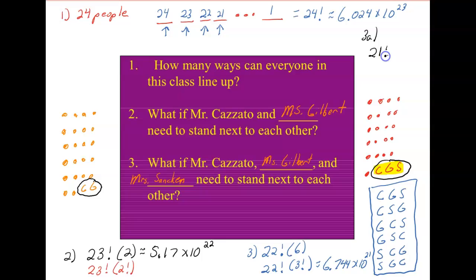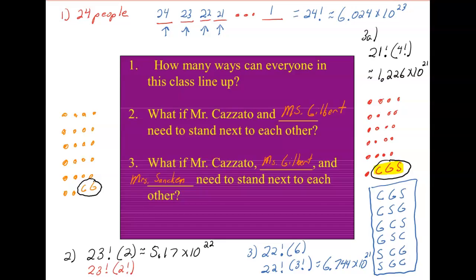So it would be 21 factorial. But then the 4 people that are standing next to each other could be arranged 4 factorial ways. So doing that on your calculator, 21 factorial times 4 factorial, you will get approximately 1.226 times 10 to the 21st.